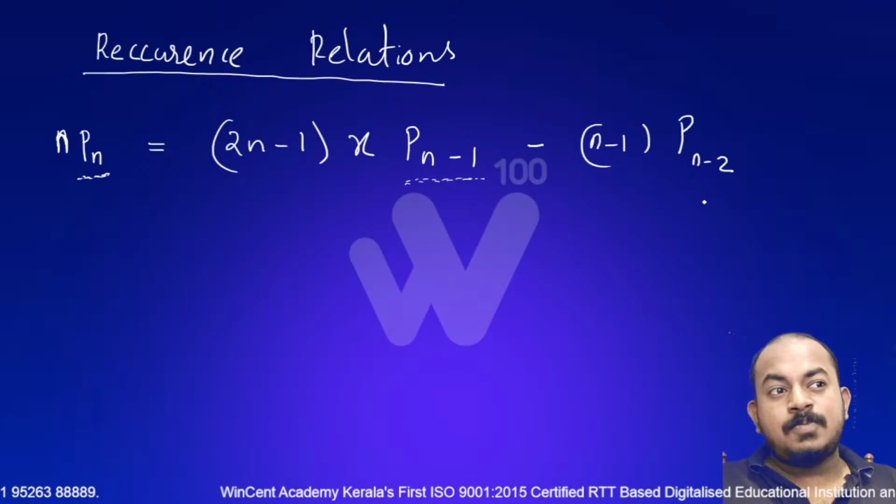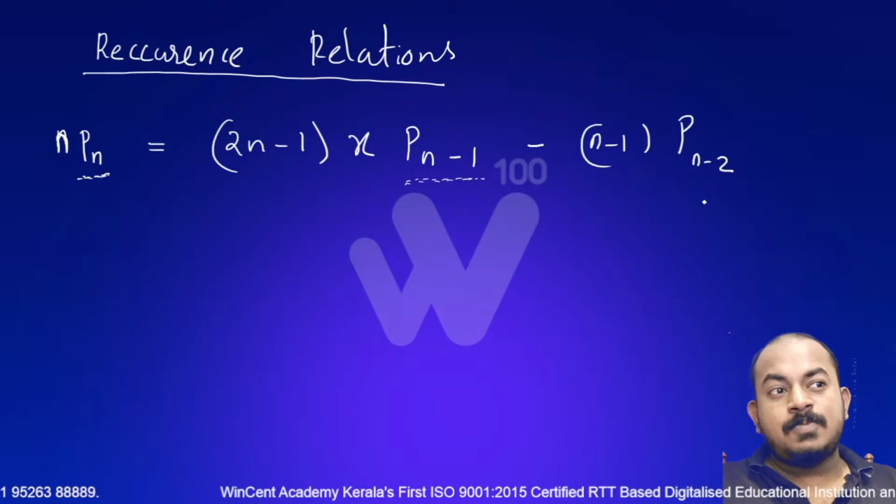Okay, and the next one is n times Pn equals x times Pn prime, the first derivative, minus Pn minus 1 prime, the first derivative. So these are the first two recurrence relations.